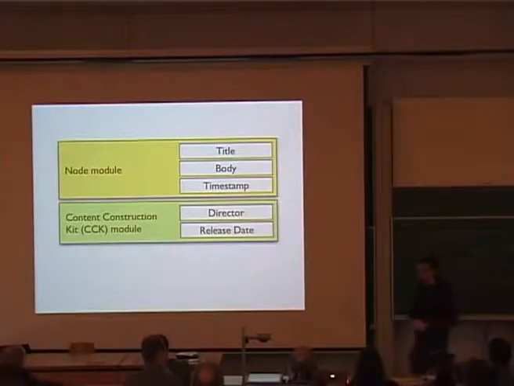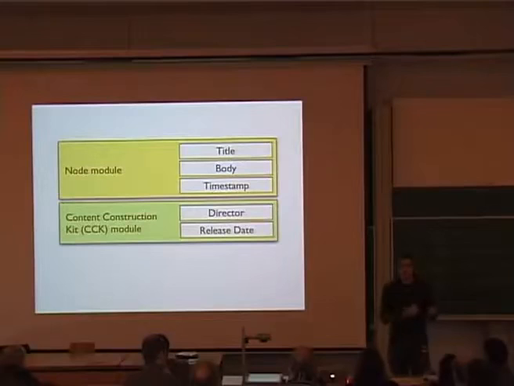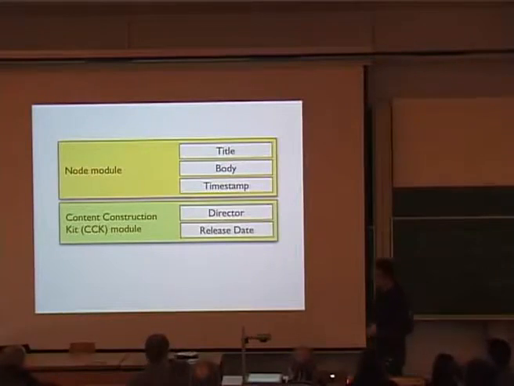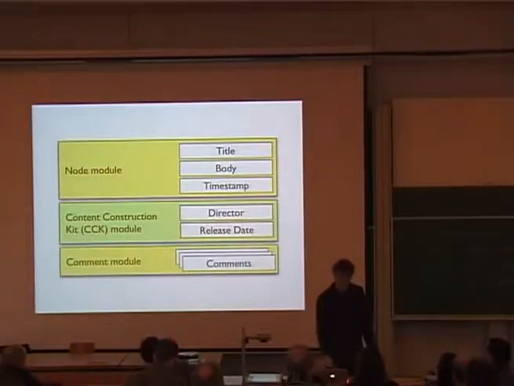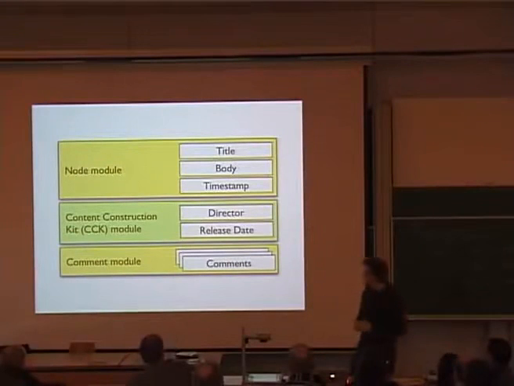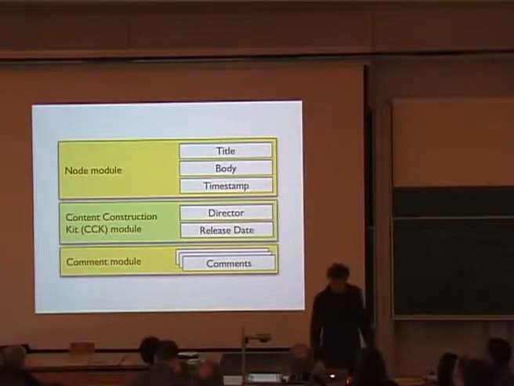Okay, and the CCK, or the Content Construction Kit, provides a user interface which allows you to create new fields and associate these with nodes. So this means you no longer have to be a programmer to create new content types in the system. Okay, so that's one of our most popular modules, and we're slowly integrating this functionality in the Drupal core. And then, even with the CCK, you can still have other modules which add fields or functionality to nodes.